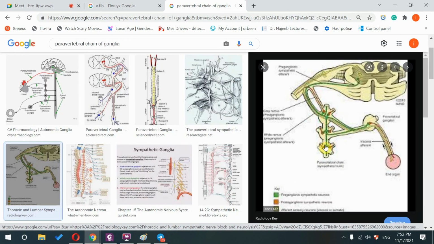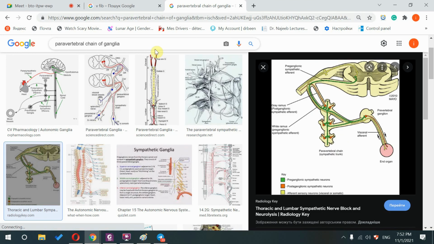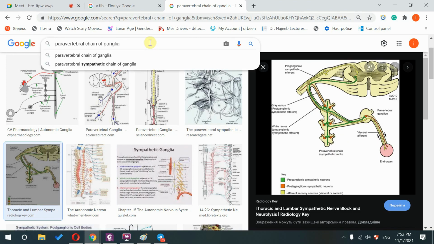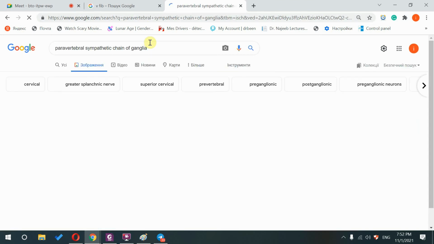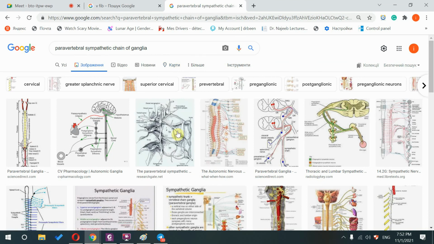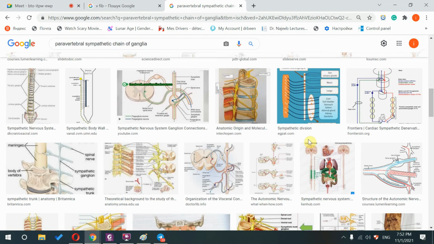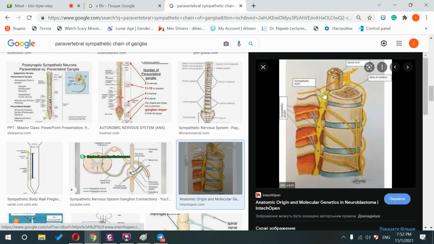Can you see this paravertebral chain of ganglia? It's basically like a center that moves sympathetic activity from the CNS to the PNS. So it's located paravertebrally, near the vertebra, but not at the vertebra.